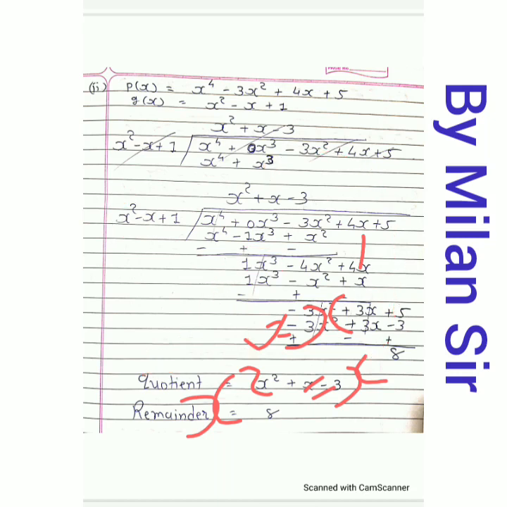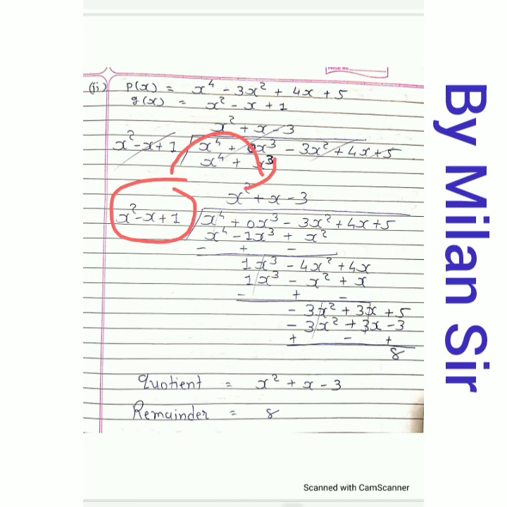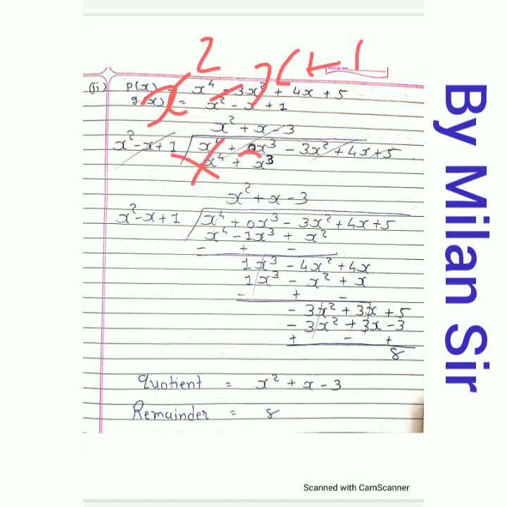Again, what we need to do? Multiply this polynomial with plus x, right? So x square minus x plus 1 multiply with x. First of all, multiply this term x square into x. Here nothing is given, that means exponent 1. Okay, base is the same, so addition of exponents 2 plus 1, x raised to 3, right?